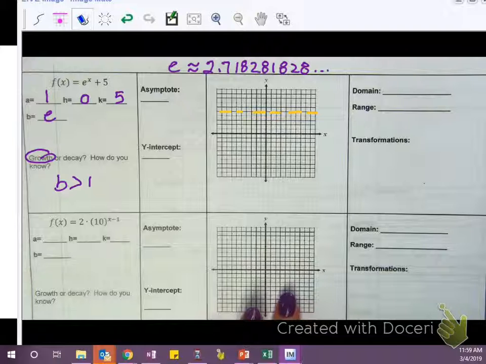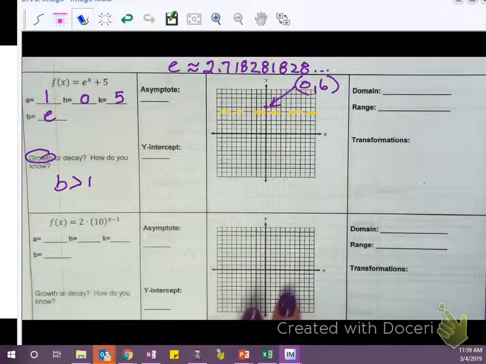So my critical value, the one that was at 0, 1, has been moved up 5, so now I move that up to 6, 1. Sorry, this critical value is at 0, 6. It used to be at 0, 1.